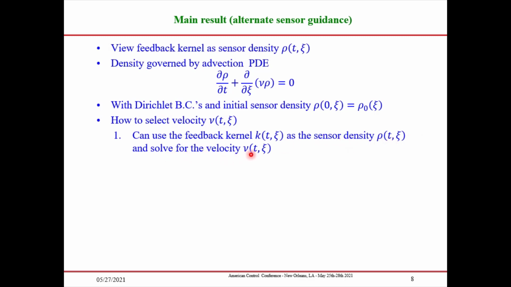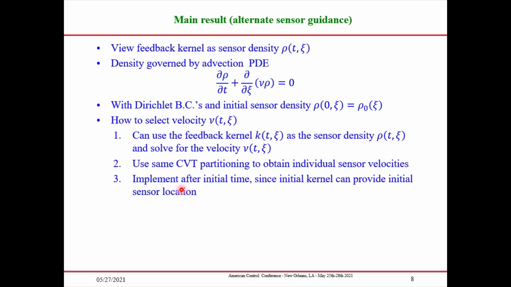So if rho is equal to the kernel k, the only unknown is the velocity v. We use the same modified centroidal Voronoi tessellation partitioning to obtain the individual sensor velocities by applying it to this computed velocity v. And then implement after the initial time, because the initial kernel will serve as the initial density, and that essentially will give you the initial positioning of the sensors at time t equals 0.